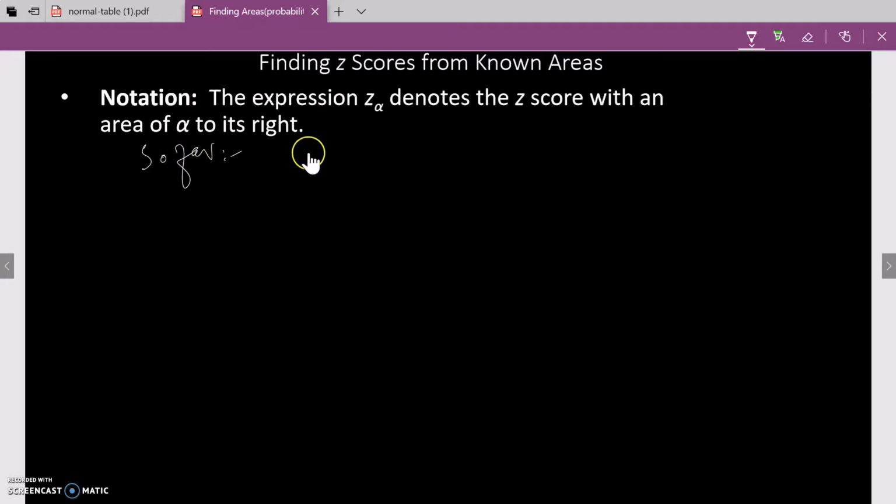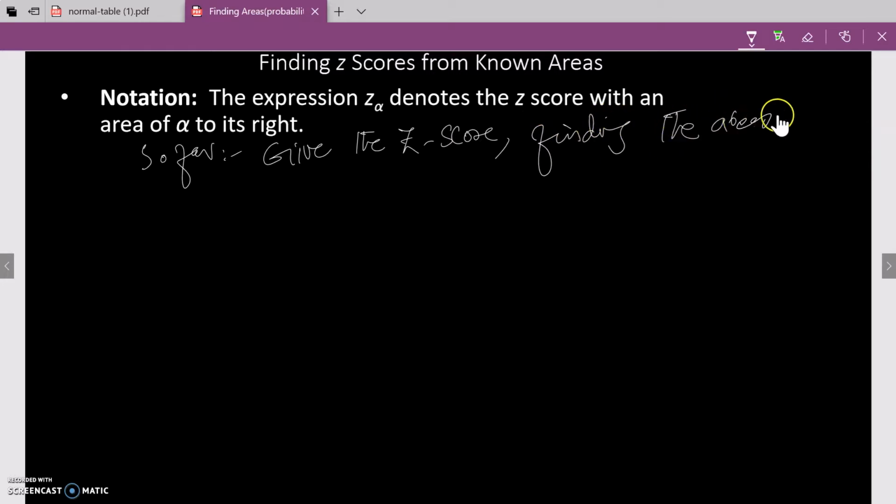So far what was happening, we were given a z-score, and we were finding the areas or the probability, the same thing. Now we do exactly the opposite.